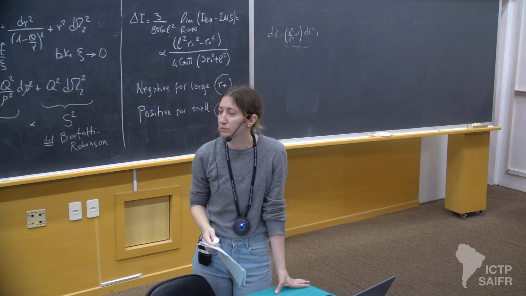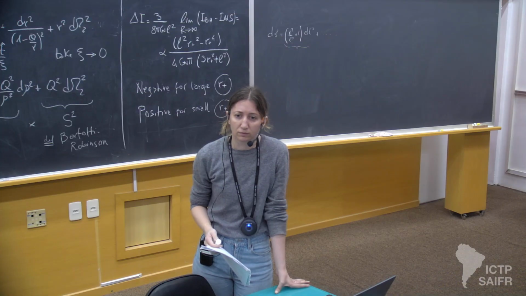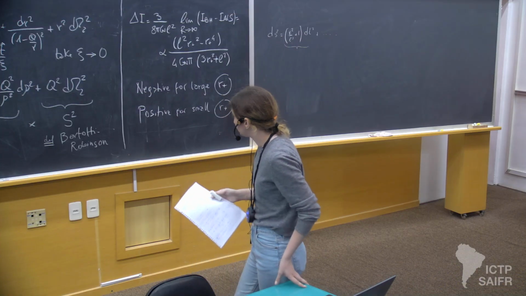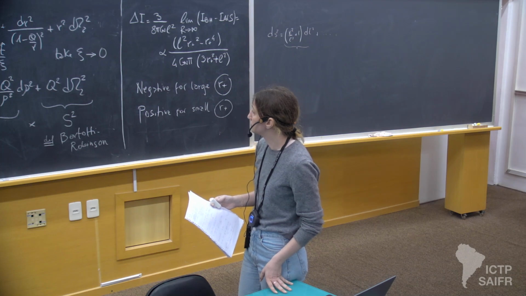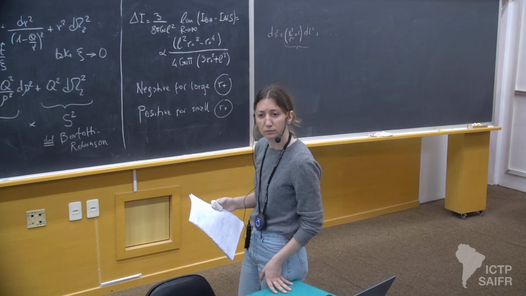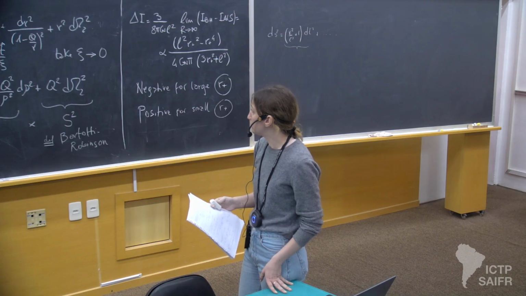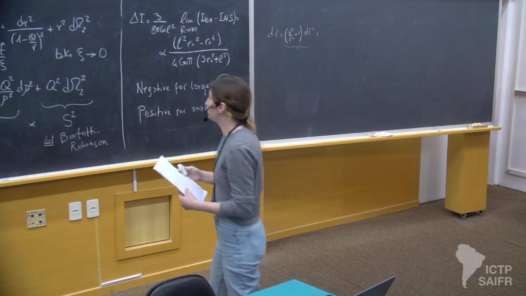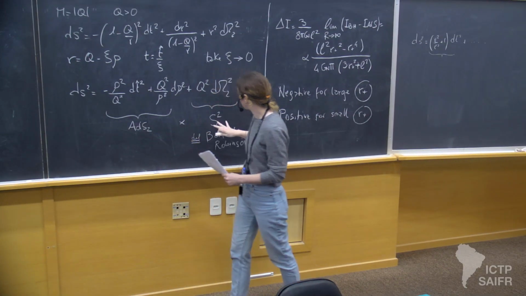Question? Q in this metric seems like it is playing the role of the radius of the space. Yes. In this case, Q is the radius of AdS2 space and also the radius of S2.